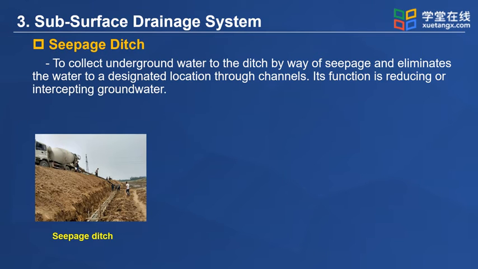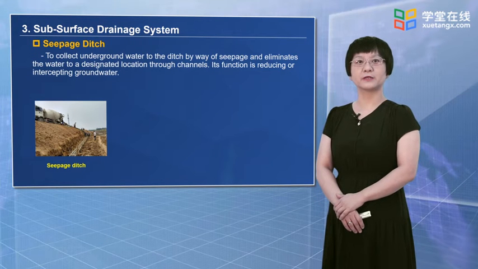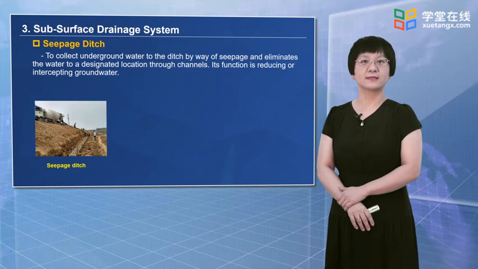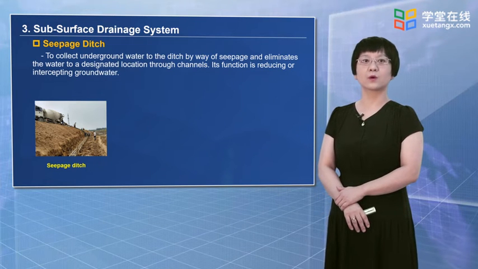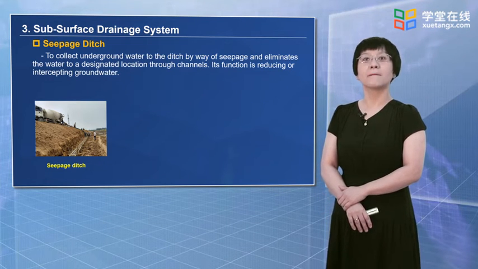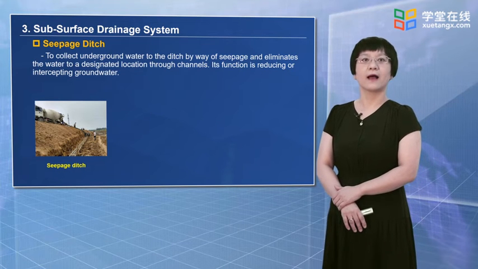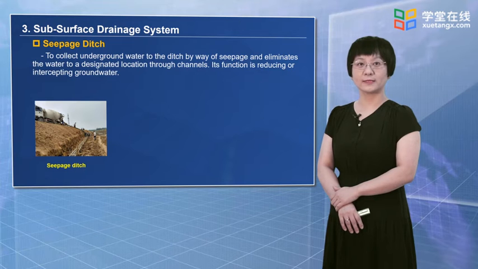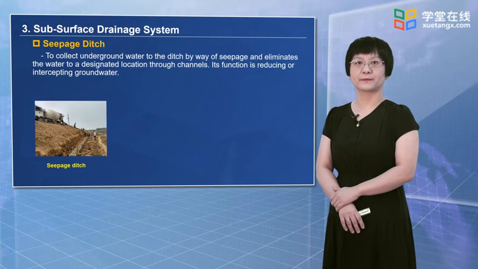Then let's look at the subsurface drainage system. The facilities of subsurface drainage include seepage ditches, underdrains, and seepage wells. Followed is a brief introduction. The first is seepage ditch. A seepage ditch collects underground water to the ditch by way of seepage and eliminates the water to a designated location through channels.